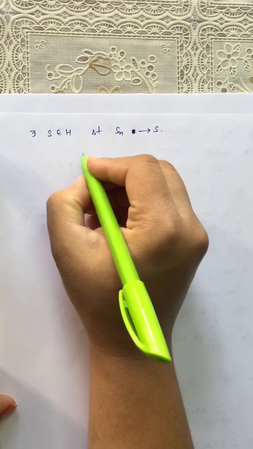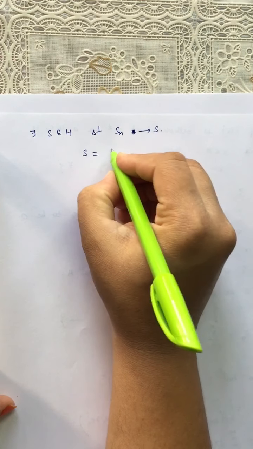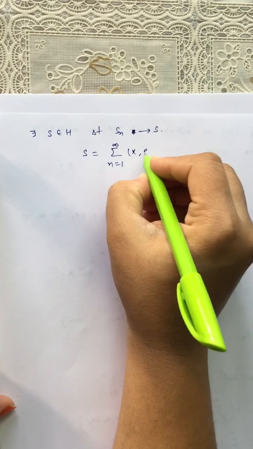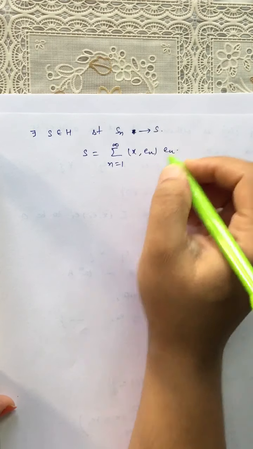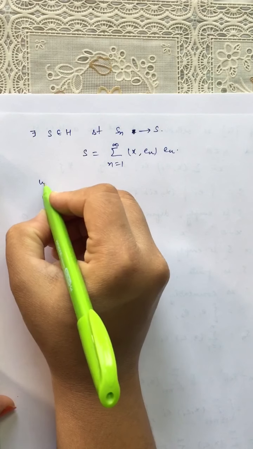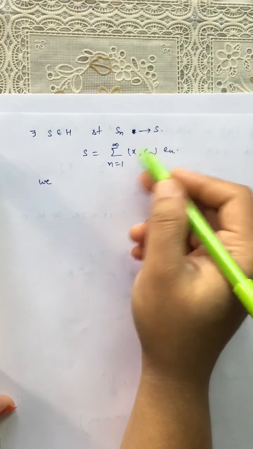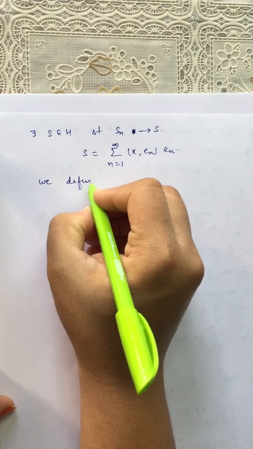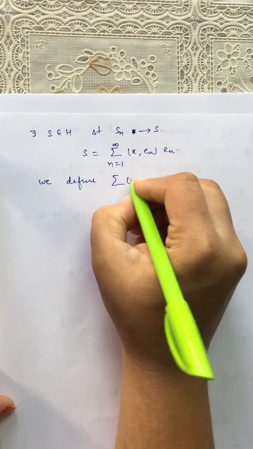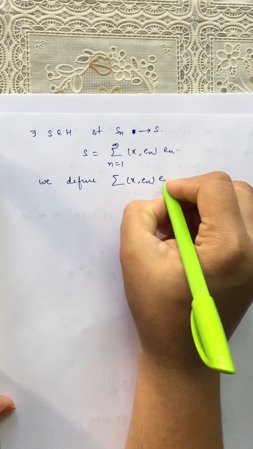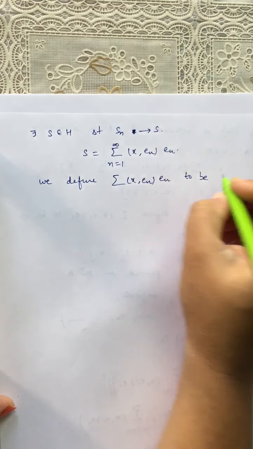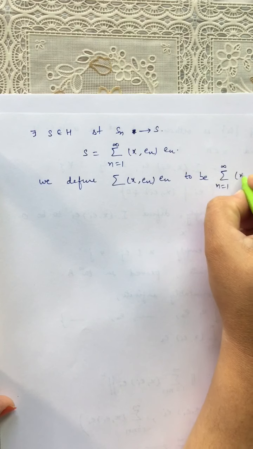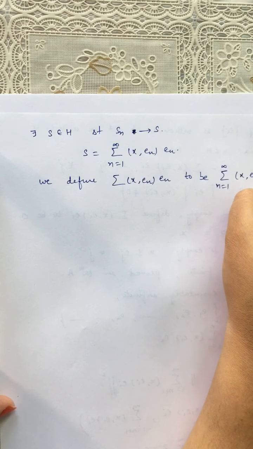So it means S, which is the limit of S_n, can be written as the sum n varying from 1 to infinity of ⟨x, e_n⟩ e_n. Now we have proved that this series is convergent and its sum is S, so we can define in this theorem the sum to be this summation n varying from 1 to infinity ⟨x, e_n⟩ e_n.